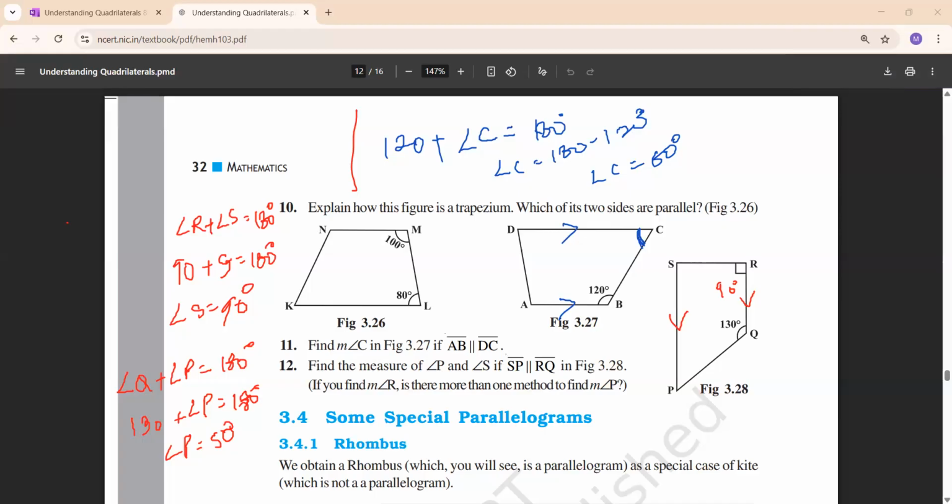Sir, how long is the extra class going to be? One hour. Is it fine with you or not? Yes, sir, it is fine.